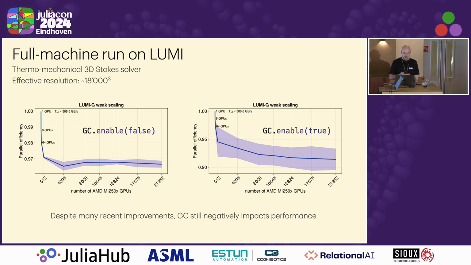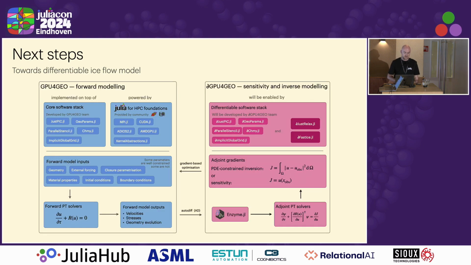With many recent improvements, it's actually not too bad. It goes to 92%, but having GC on during the benchmark still negatively impacts performance, which means that for now we cannot get rid of these long-running tasks and disabling GC and some optimizations.